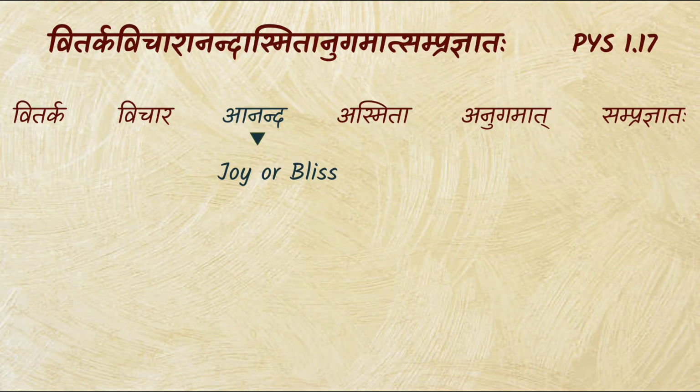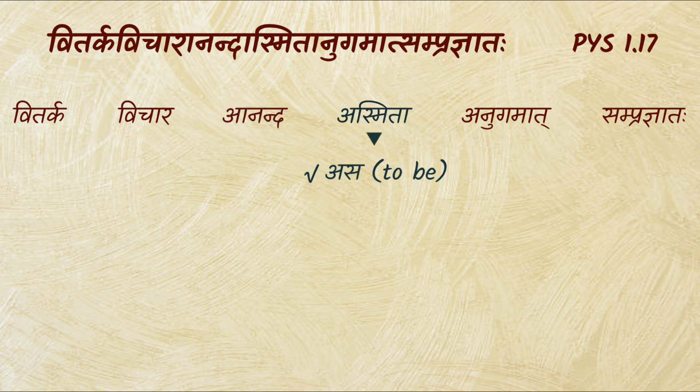The third word is Anand, which refers to joy or bliss. Now, this is the stage where the mind becomes immersed in its own blissful nature. The fourth word is Asmita, which consists of the root word as, which means to be.